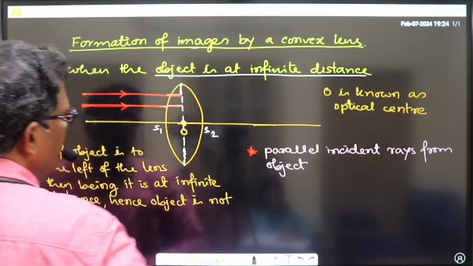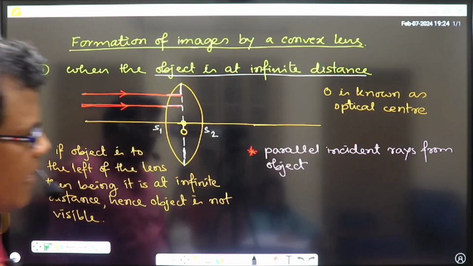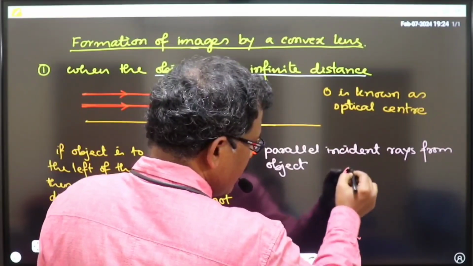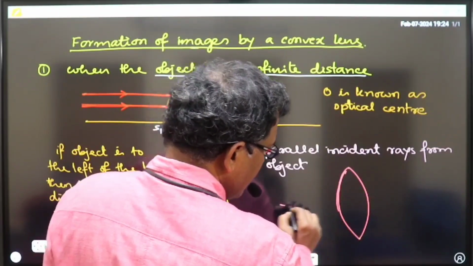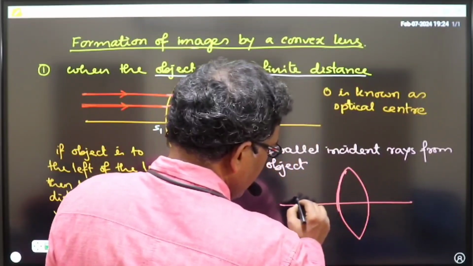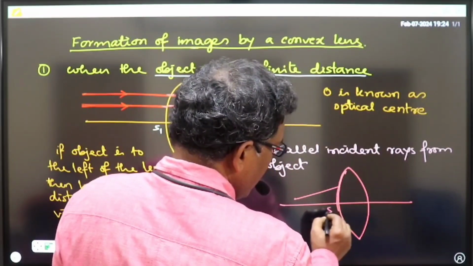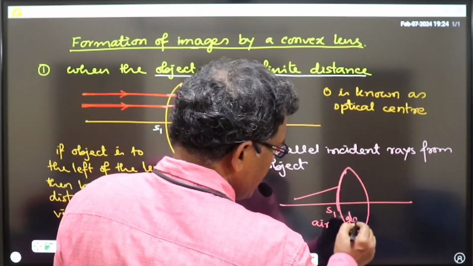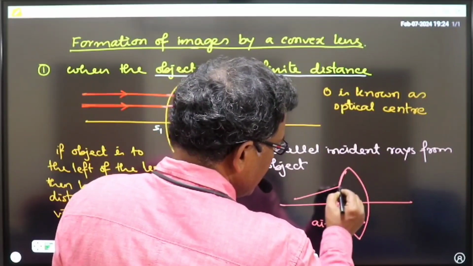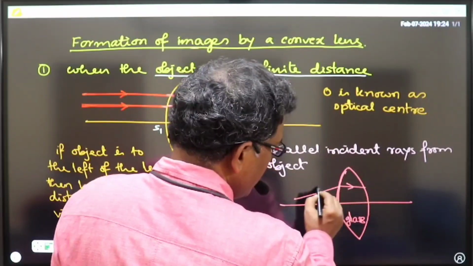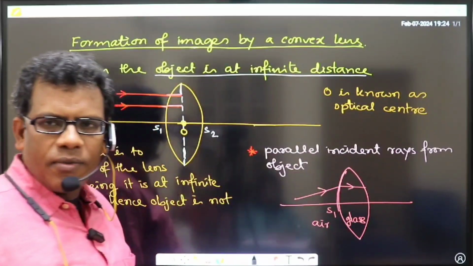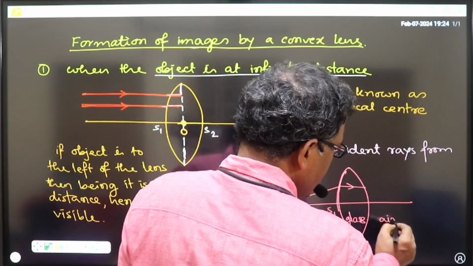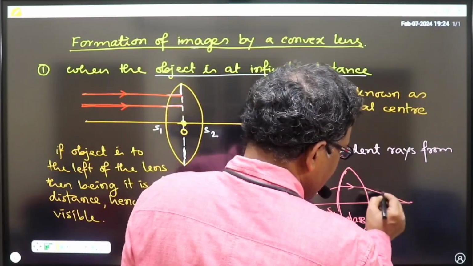And importantly, as I said earlier, in the actual mechanism, any light ray entering from air to glass, the lens being a glass medium, gets refracted, it bends in its path, right, the first time, and then again while going from glass to air, it bends a second time. Did I say it like this?